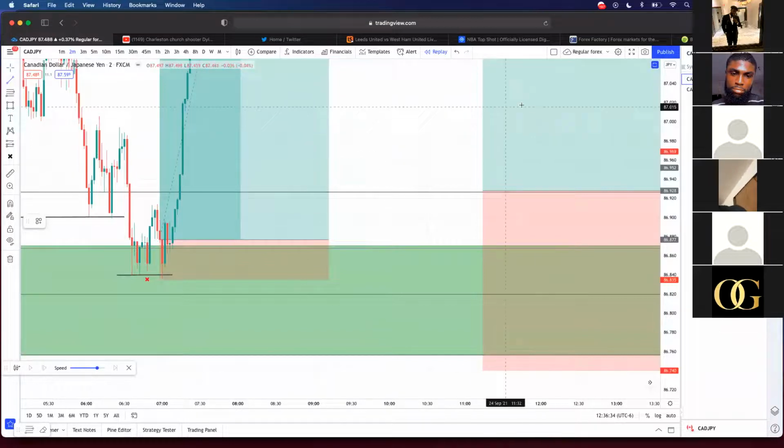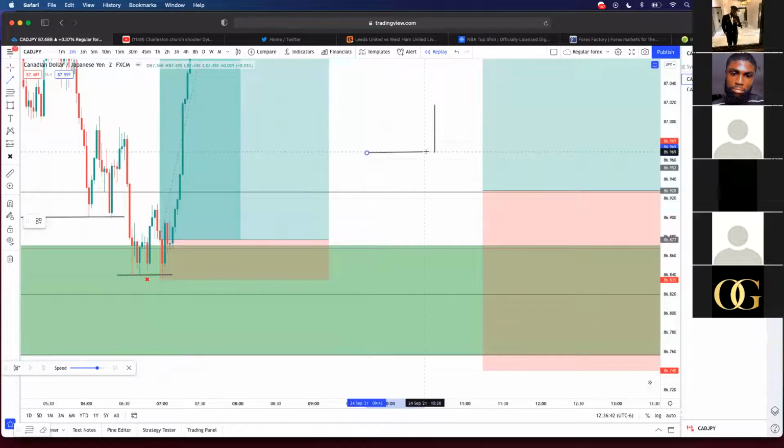In Forex, when we are trading, what is the X and Y axis? The X axis is time, the Y axis is price. Time and price is all we are doing in Forex. The X-axis is time, the Y-axis is price.